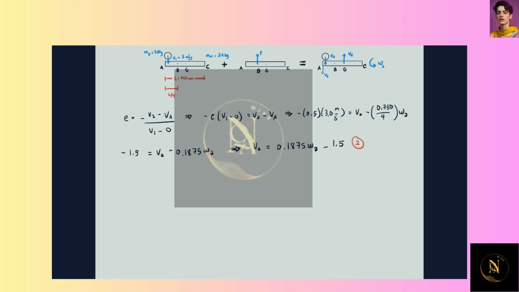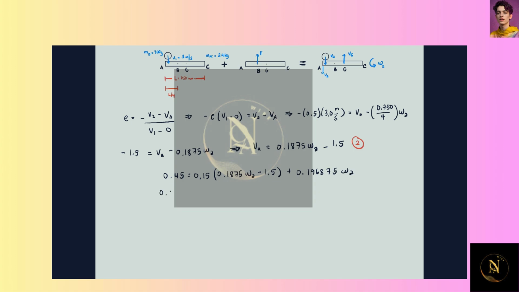Now, to solve for omega 2, we can substitute equation 2 into equation 1. So we'll have 0.45 equals 0.15 times 0.1875 omega 2 minus 1.5 plus 0.196875 omega 2.